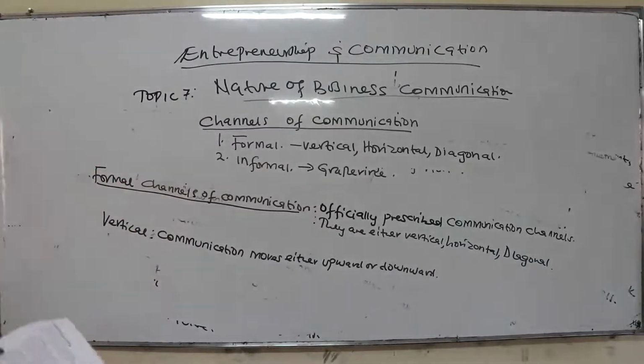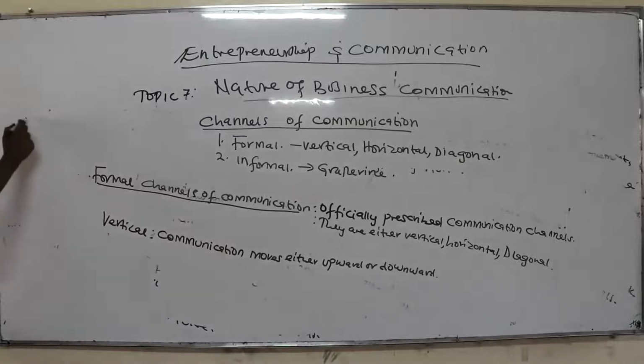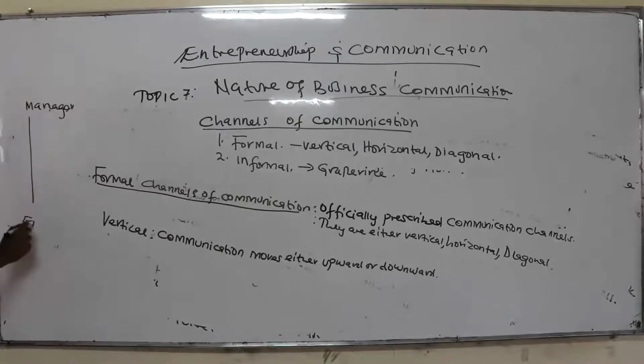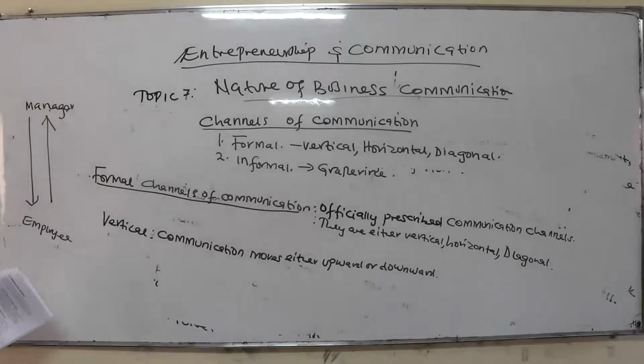What are we saying? Vertical communication means that communication moves either upward or downward. So meaning here we have the manager and the employee. Communication can either be this. So if it is from the manager to the employee, that communication is what? No, where should we put the employee? So upward communication, what do we mean by upward communication in the first place?